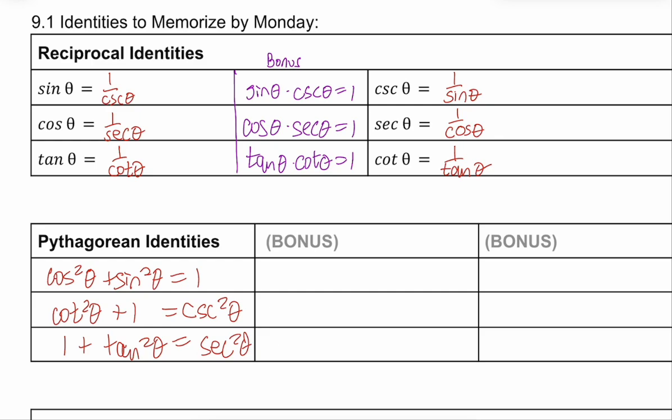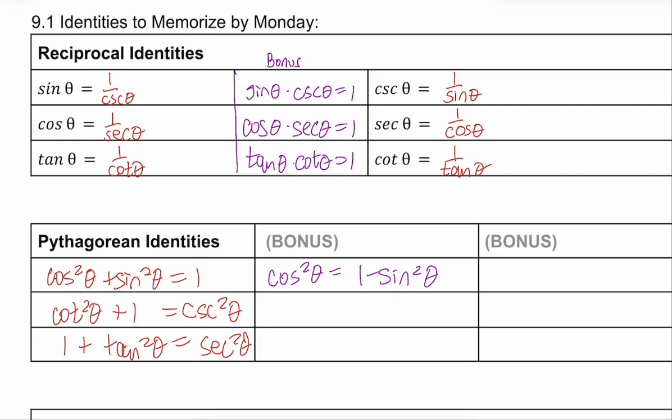I don't care what order you put these bonuses down, but if we solve for the cosine squared by bringing the sine squared to the other side, it would be 1 minus the sine squared. So cosine squared is always equal to 1 minus the sine squared. Think about if you're solving for the leg on a right triangle, you have to subtract the other leg from the hypotenuse. So that's why it's a subtraction now.